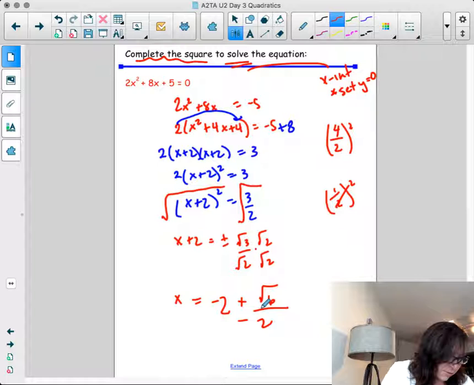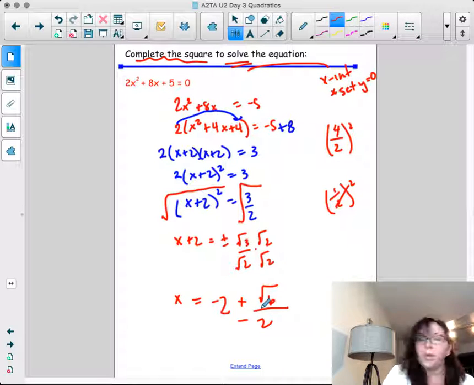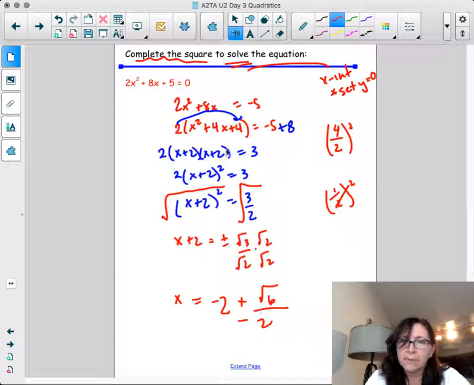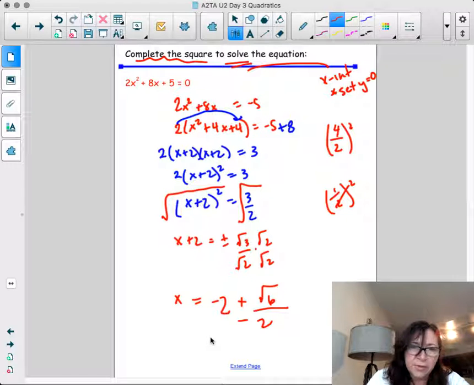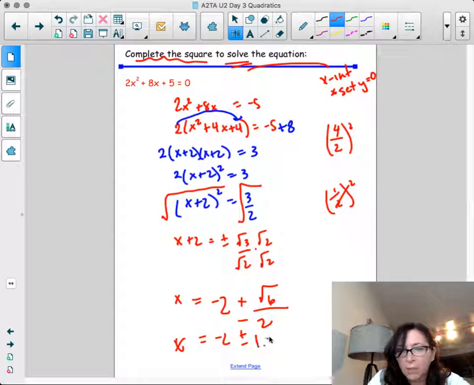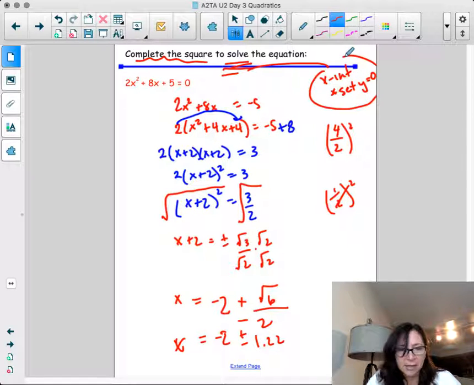It's about 2.5. 2.5 divided by 2 is about 1.22. So what they're really saying is x equals -2 plus or minus 1.22. Remember, what we're trying to do is solve the problem, which is finding the x-intercepts.